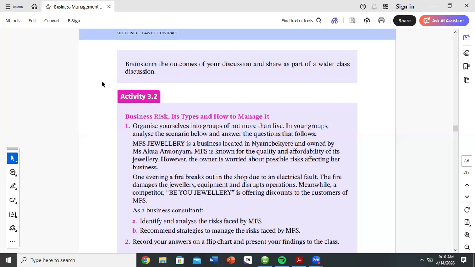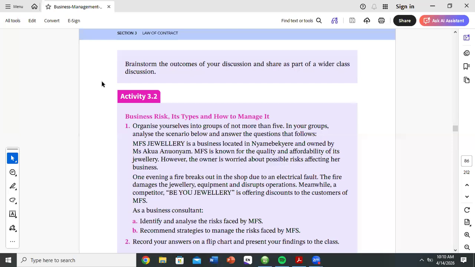And then the market risk I brought in is the fact that the competitor is offering discount to the customers of MFS. So what is happening in the market? Competitors are taking over, right?